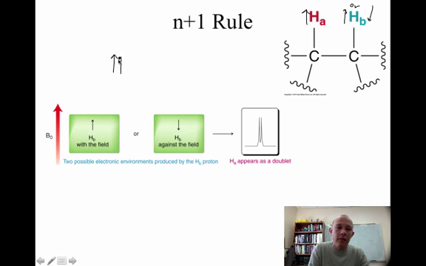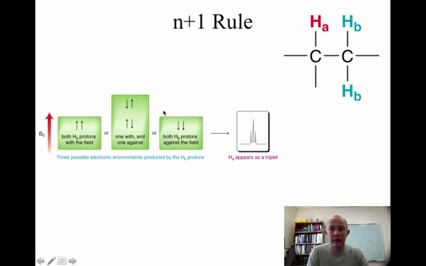We can have up-up, or we can have up-down. So a single peak is split into 2 peaks, which would be our doublet from having 1 hydrogen next door. So 1 hydrogen next door appears as a doublet because that HB can be either aligned with the field or against the field. So we can have what we call alpha alpha or alpha beta. There's 2 possibilities that are equally likely.